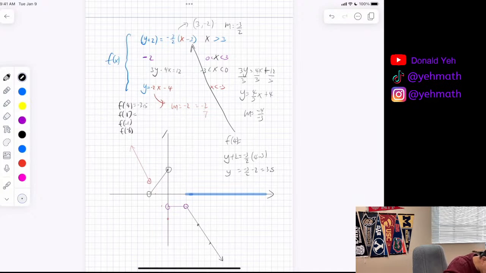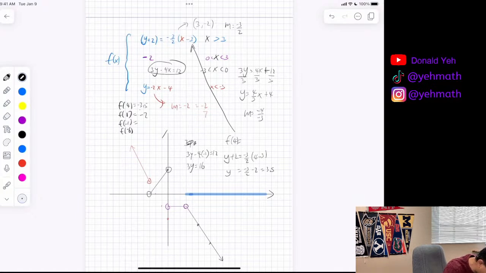At f of 1, it's going to be -2. At -1, I'm going to plug in the x. So I'm going to plug in this one. You see 3y - 4 times -1 equal to 12. 3y is equal to 12 plus 4 is 16.